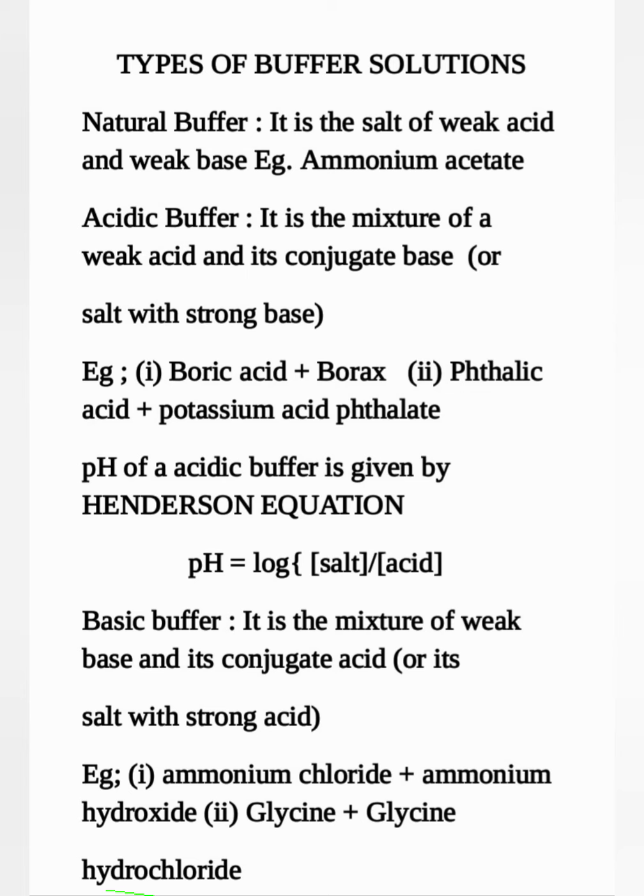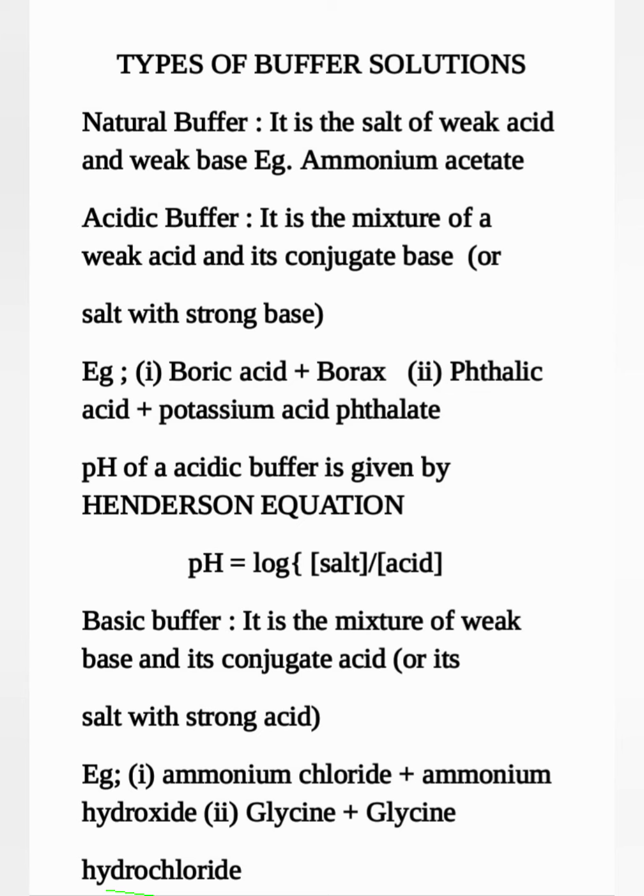So what is the difference between acidic and basic buffer? Acidic buffer is a mixture of weak acid and its conjugate base; basic buffer is a weak base and its conjugate acid. Examples are ammonium chloride and ammonium hydroxide, and glycine and glycine hydrochloride, an example for a basic buffer.